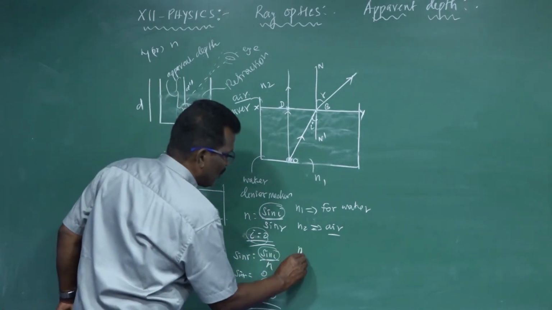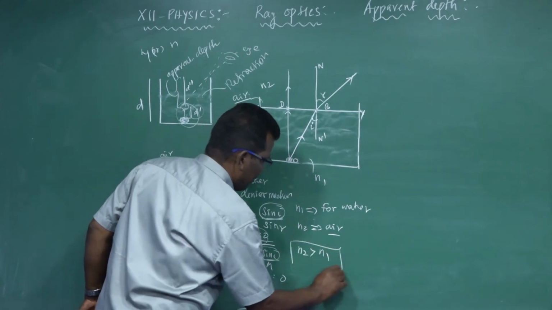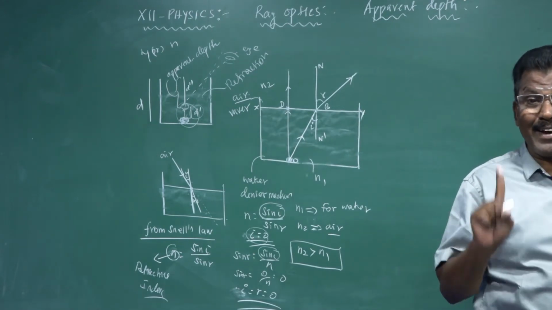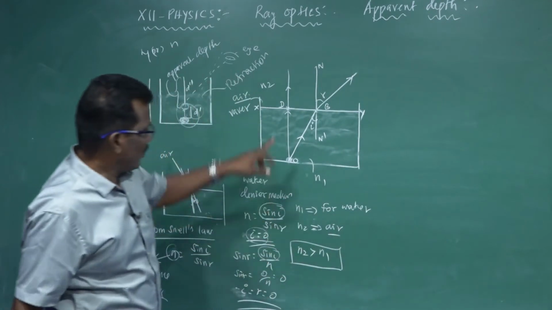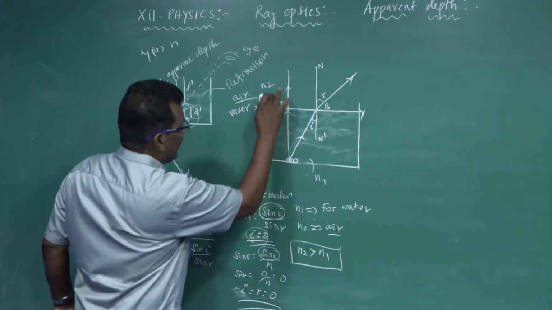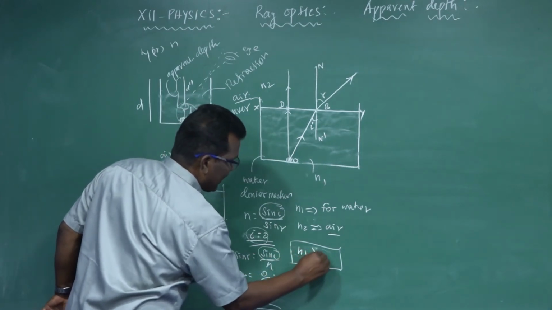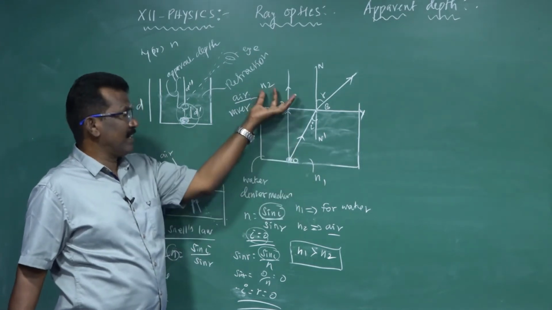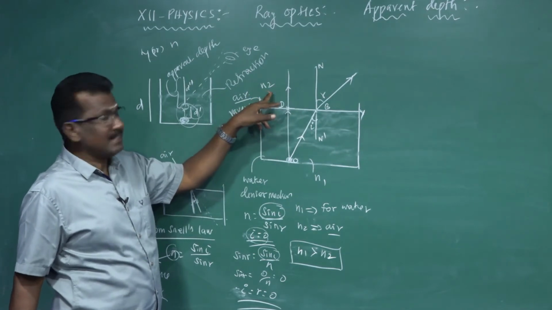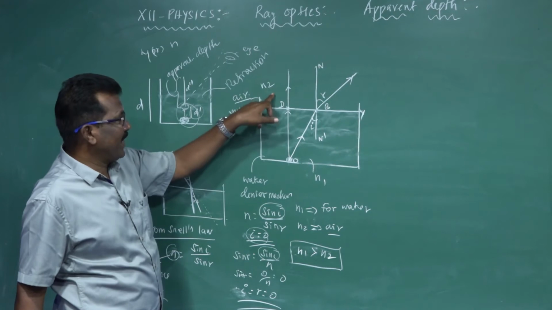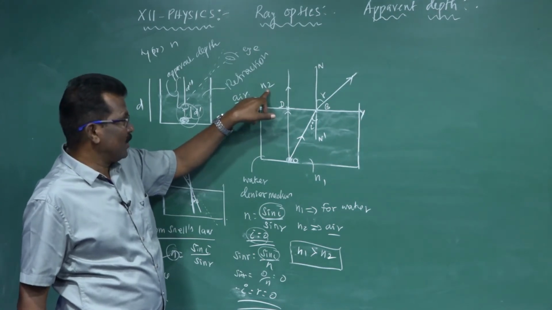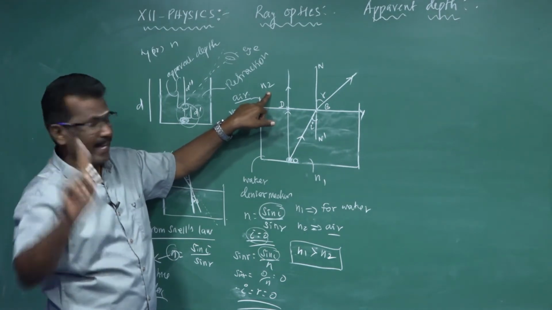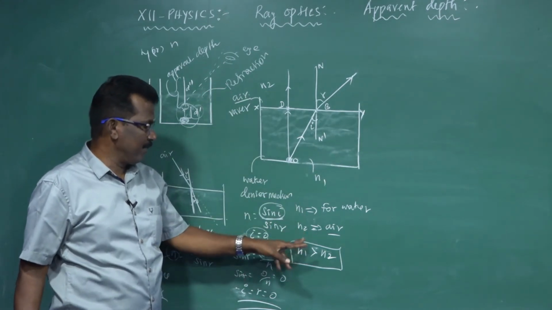So N1 is greater than N2. The refractive index of air is always equal to 1, but for any other medium it is greater than 1. For air, N2 is equal to 1, and for any other medium it is greater than 1.